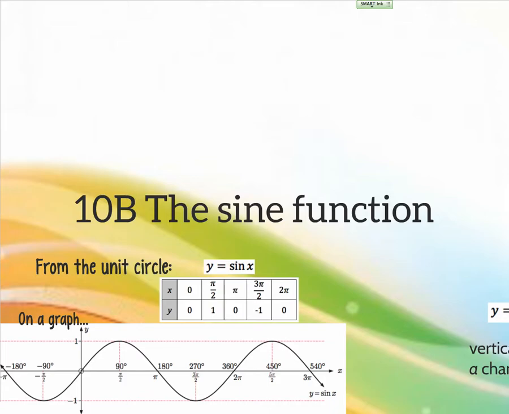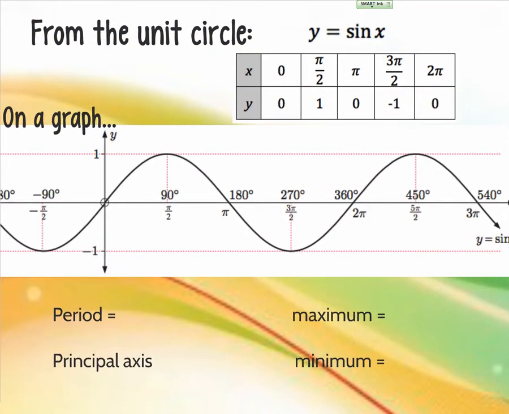We're talking about the sine function. Now, from the unit circle, if we talk about the sine function, y equals sine of x, we've got this little t-chart here of our x coordinates and our y coordinates. If you look at your unit circle and go to 0, you'll see the sine is 0.